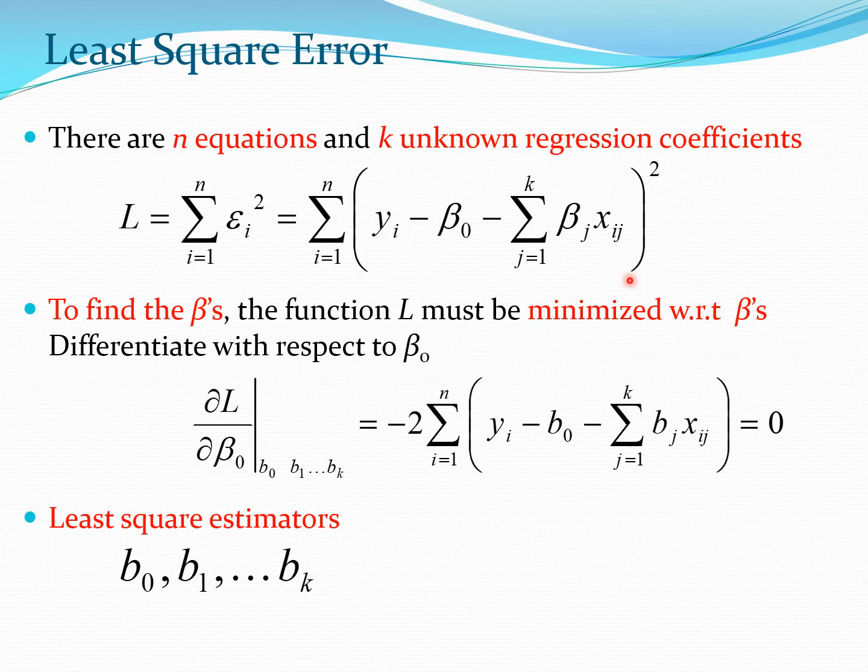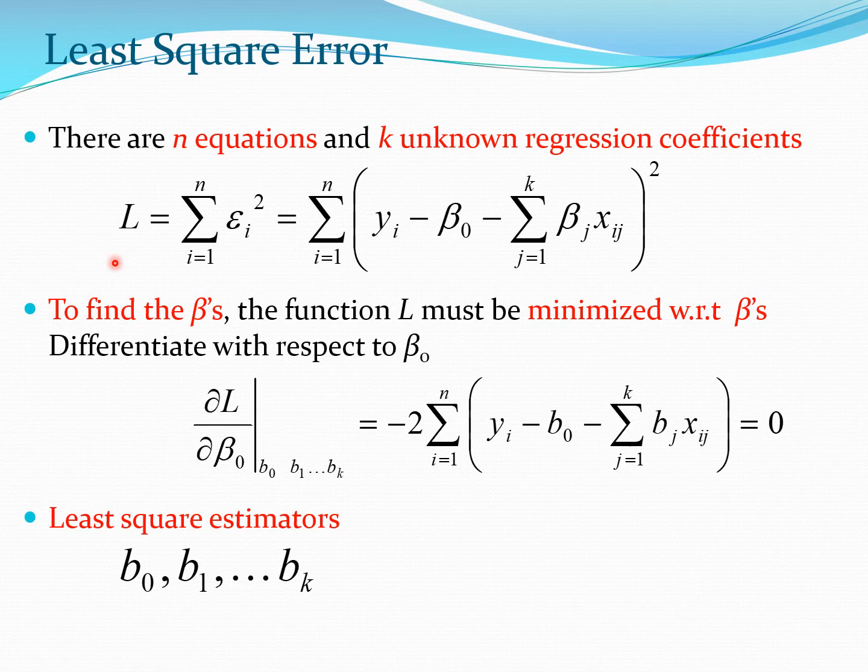And the reason this is squared is because the epsilon can be both positive and negative, and essentially we do not want it to deviate from 0. Therefore one of the ways is to simply square the epsilon value, and that gives us this expression here. Now we go back to our basic calculus or basic optimization. We want to find these values of beta such that this function L is minimized. So that is known as least square.